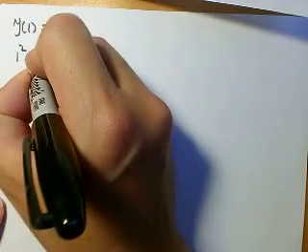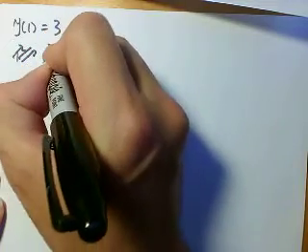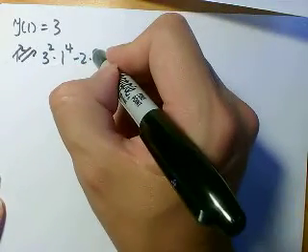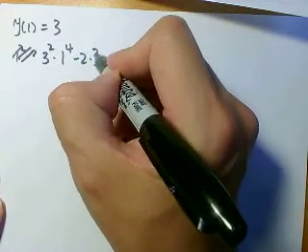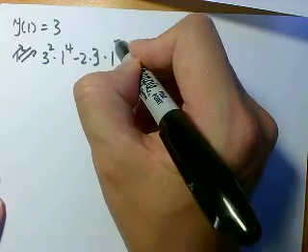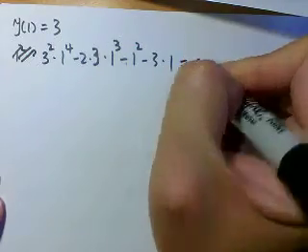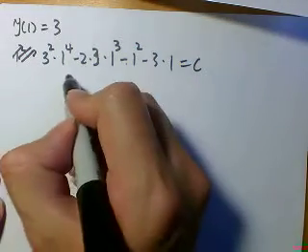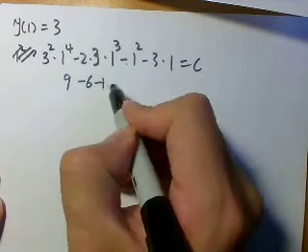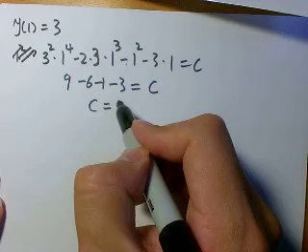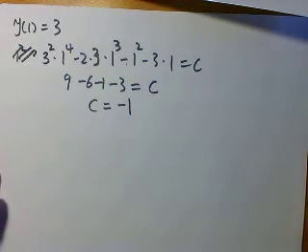So we plug in: 3 squared times 1, minus 2 times 3 times 1 cubed, minus 1 squared minus 3 times 1. Then simplified, 9 minus 6 minus 1 minus 3, and very easily we get C equals -1.